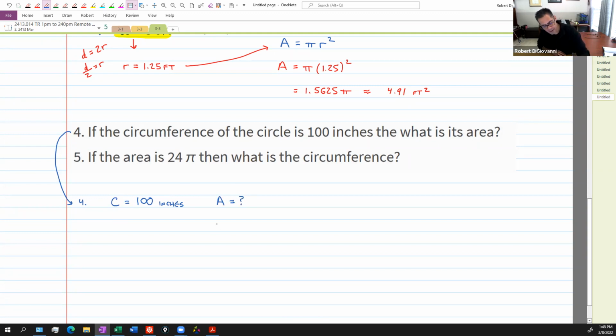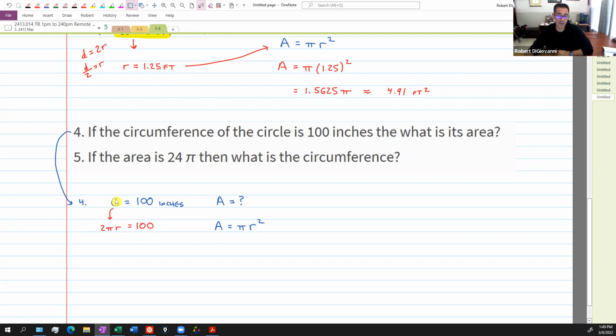But wait a minute, area is going to be pi r squared, right? Which means we need to know what the radius is. Do I know what the radius is right away? No, right? Because I'm given the circumference. But circumference is 2 pi times the radius, right? That's the formula for the circumference. And I'm saying that that's equal to 100.